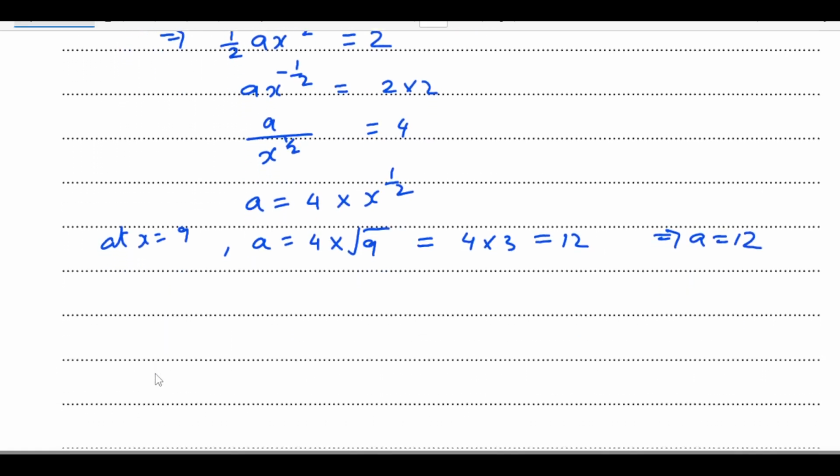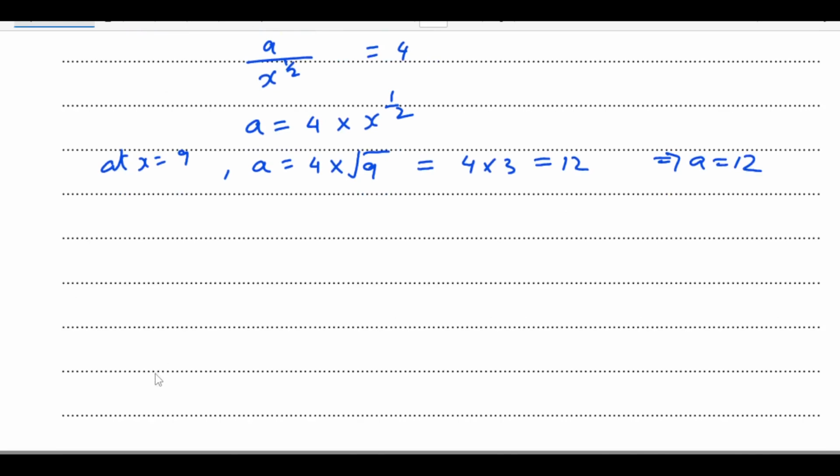So now when a is 12 and x is 9, what will y be? We have y equals a x half minus 2x. We will substitute all these values.